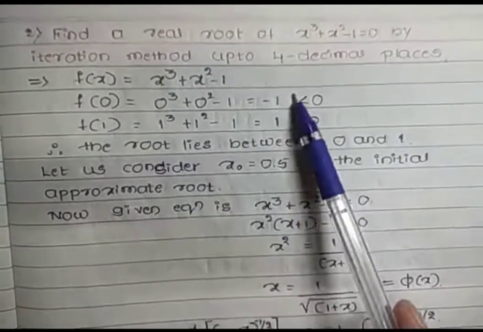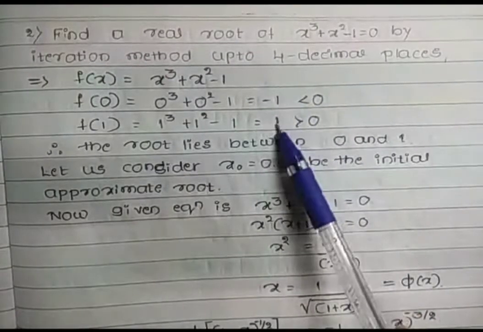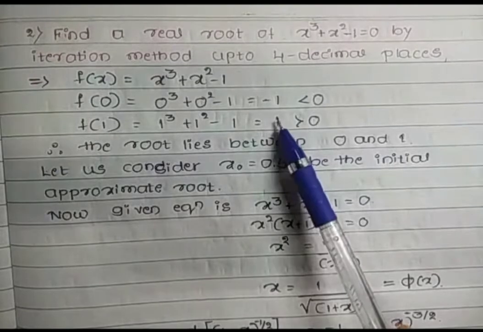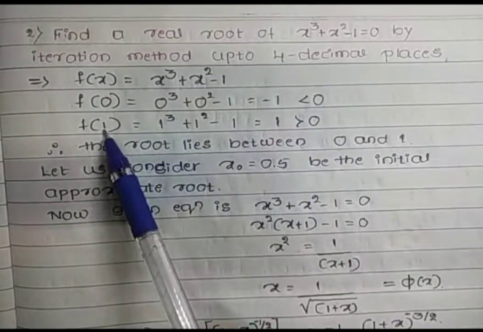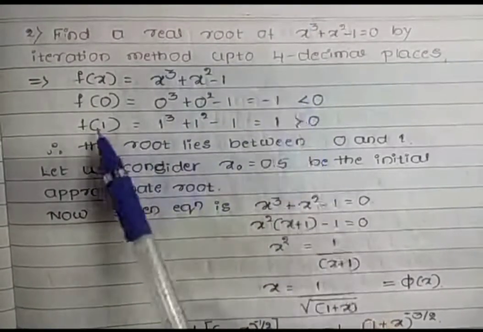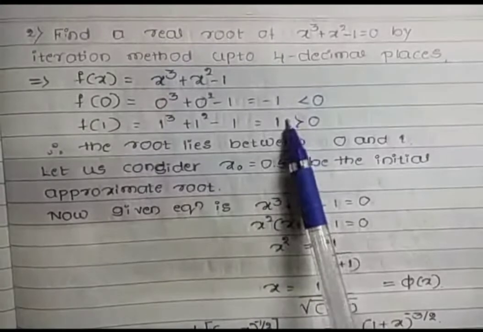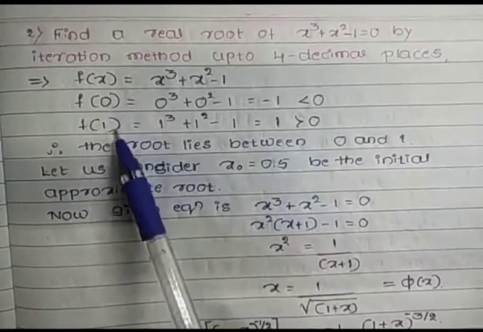So here we are getting one negative value and here one positive value, and these two are of opposite sign. Therefore, the root lies between 0 and 1, because f of 0 is giving us a negative value and f of 1 is giving us a positive value. Therefore, the root lies between 0 and 1.